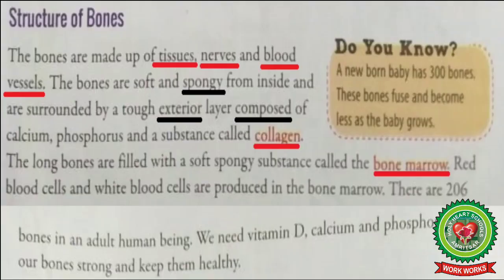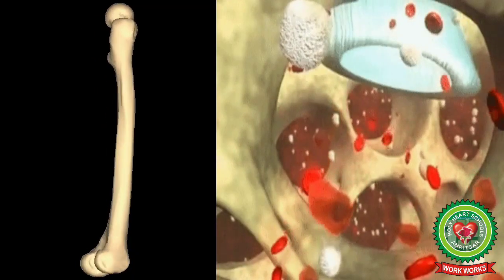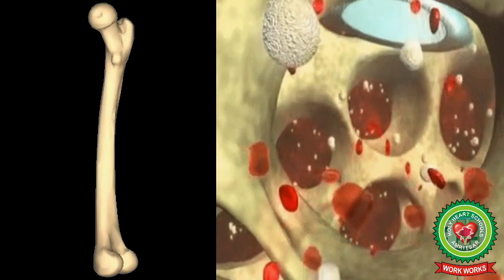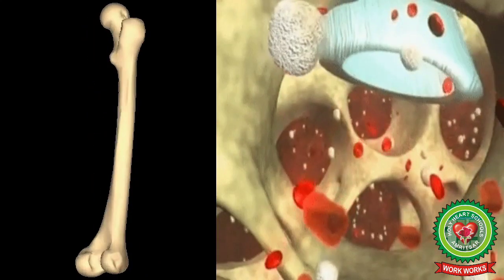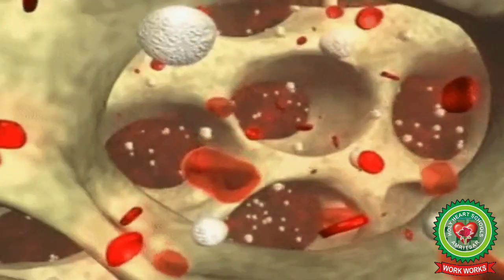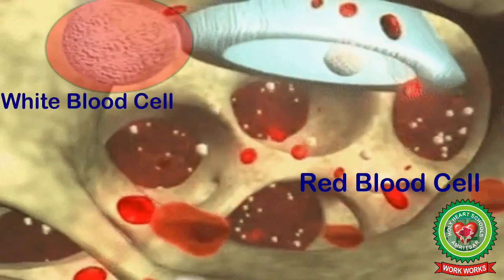Now, the long bones are filled with a spongy jelly-like substance, that is bone marrow, and I have discussed already. Bone marrow is the soft fatty substance present in the long bones, and red blood cells and white blood cells are produced in the bone marrow.